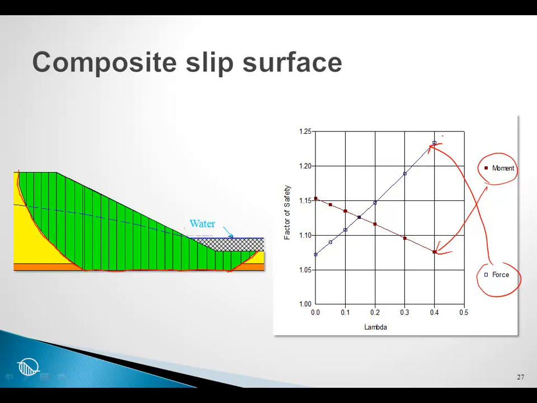So in real-world practical cases, we should do something like a Spencer or a Morgenstern-Price analysis so that we include and consider both interslice shear and interslice normals, and we seek to satisfy both moment and force equilibrium.